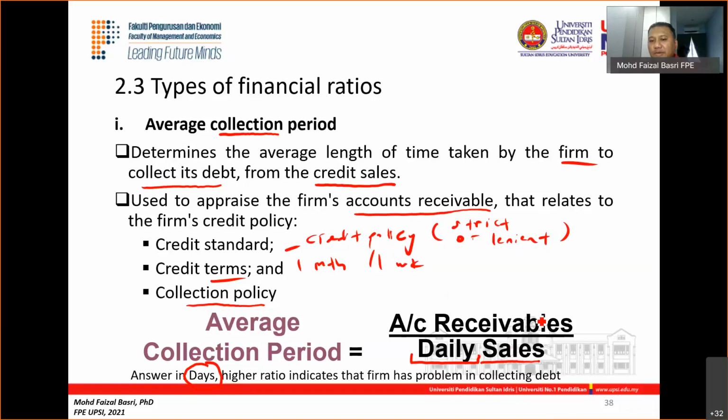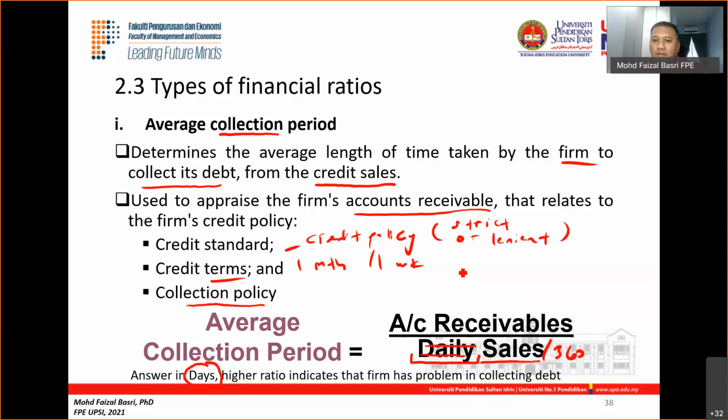There are 2 ways to calculate this ratio. Either you have the sales, you divide by 360 here. So if I remove the word daily here, it's basically account receivables divided by sales divided by 360, meaning the sales amount you have to divide by 360.